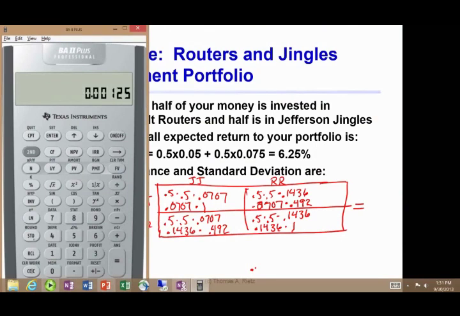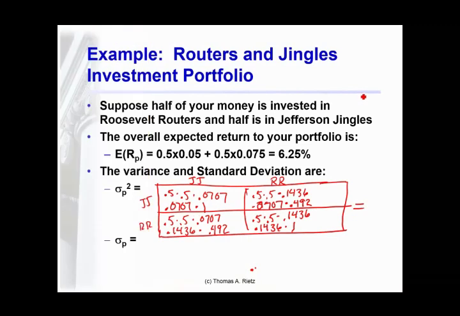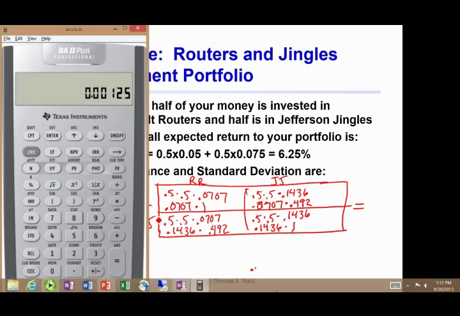I'm going to store that to have it for later. Now I should go back here because I have these labeled wrong. This should be Roosevelt Routers and Jefferson Jingles. Going back to the calculator, I've calculated the upper left corner.